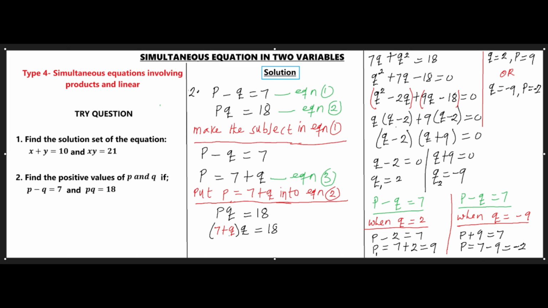So for the positive values of p and q, we are going by this particular answer. We can say that p is equal to 9 and q is equal to 2. That is the answer.